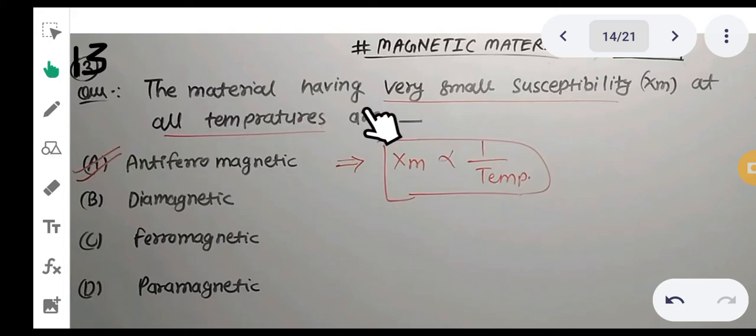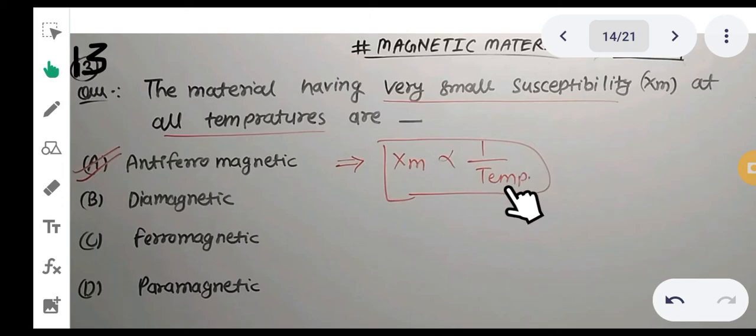The material having very small susceptibility at all temperatures is, so the answer is antiferromagnetic materials. The clue is that for antiferromagnetic materials, the Xm, that is the magnetic susceptibility, is inversely proportional to the temperature.